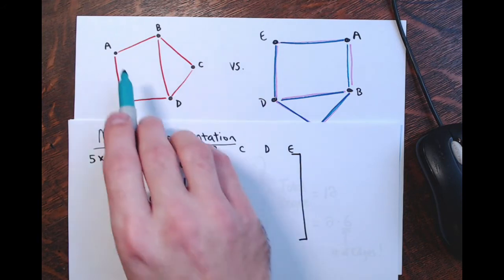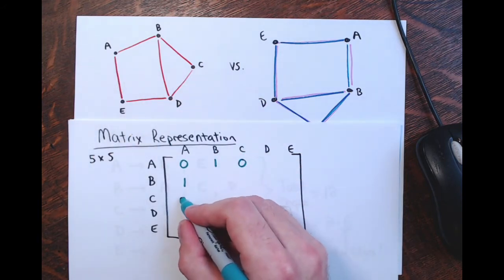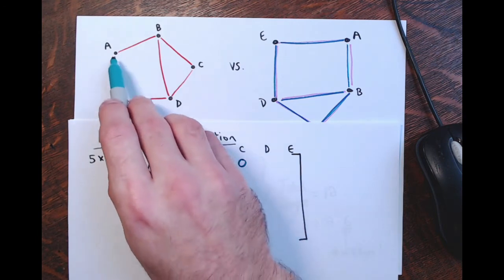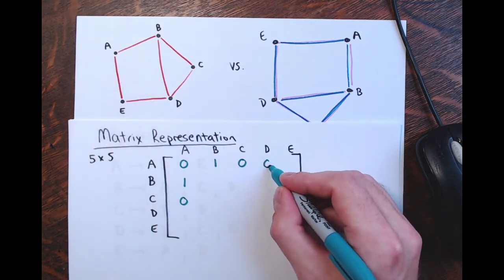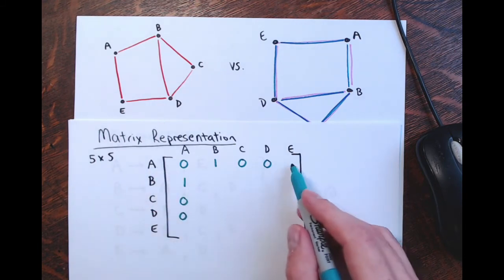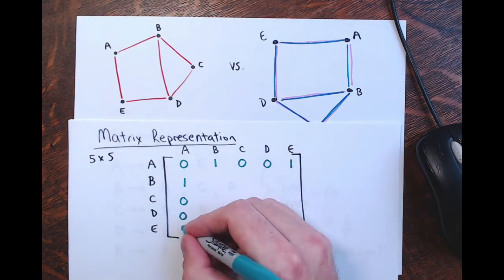A to C, there is no edge, so there'd be no edge from C to A. When you're filling out a row, you can fill out a column as well due to the symmetry. A to D, no edge, so no edge from D to A as well. A to E, there is an edge, and so there's an edge EA as well.